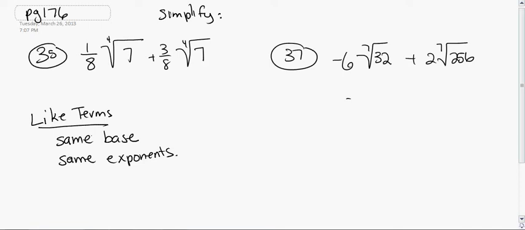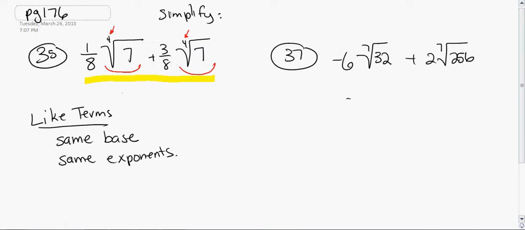So number 35 says 1/8 times the 4th root of 7 plus 3/8 times the 4th root of 7. In this problem, my base is the 7, and the exponent is the root. It's written as a root, but they're definitely the same exponent.